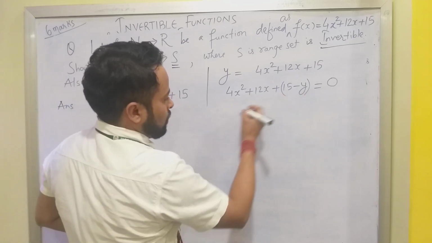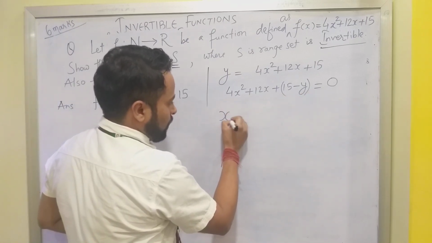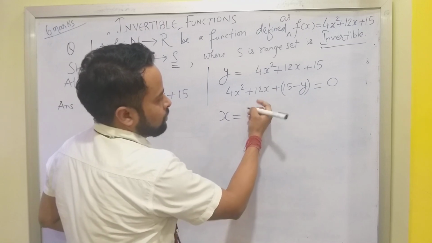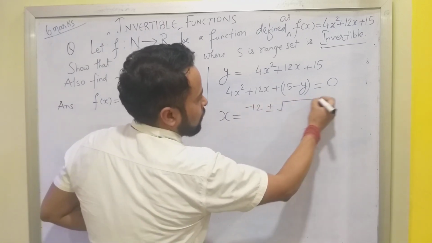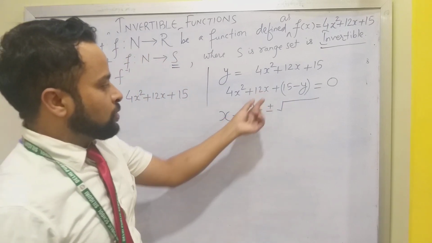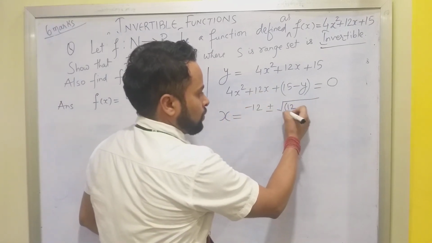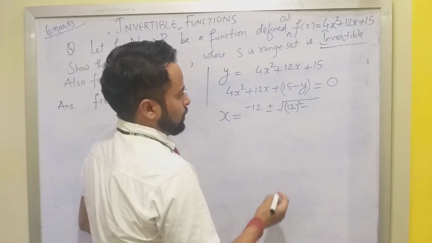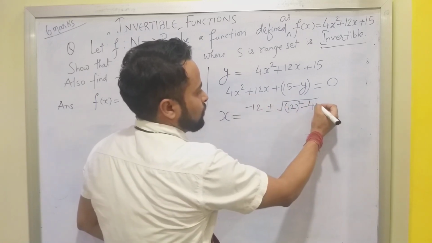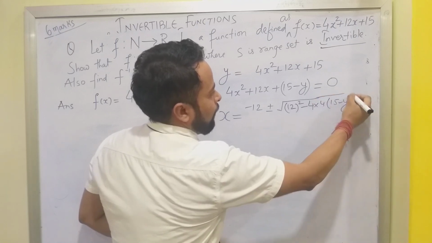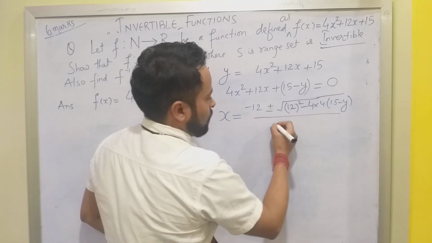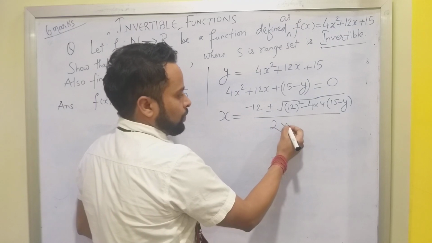So I can use Sridhar Acharya formula. x equals minus b plus minus root over b square, b square is 12 square, minus 4ac, a is 4 and c is 15 minus y, by 2a. a is 4.